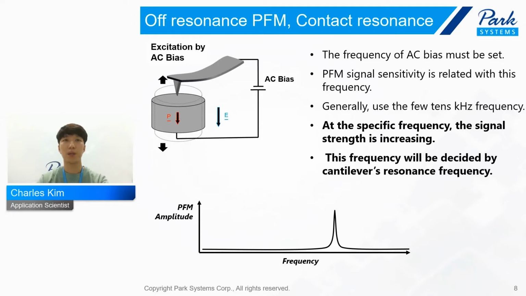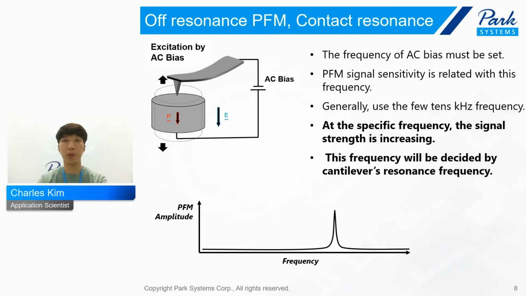But if this graph is the frequency and the PFM amplitude, you can find that somewhere the amplitude signal is going higher and has some peak here. So like this, at some specific frequency, the PFM amplitude signal has a very strong point.